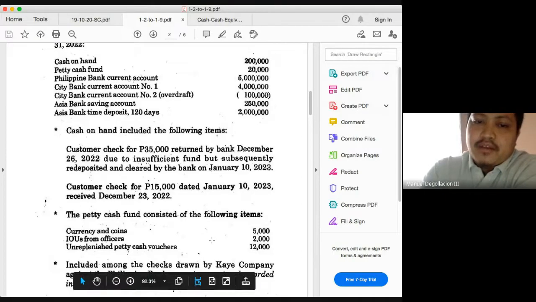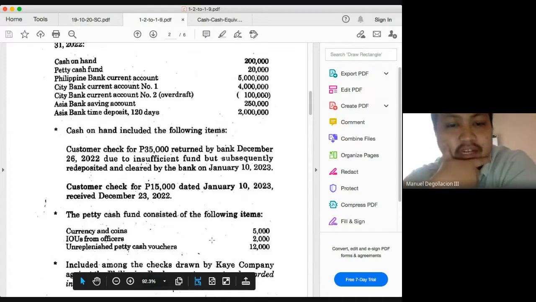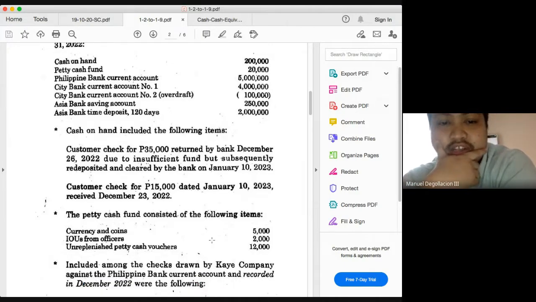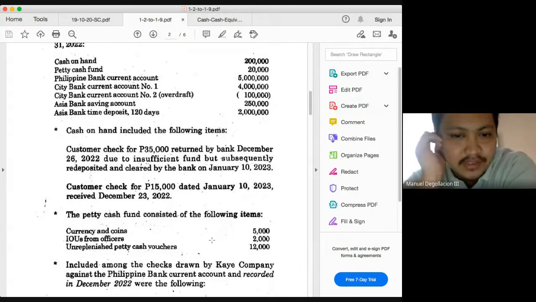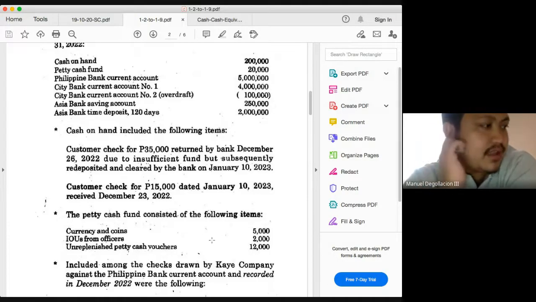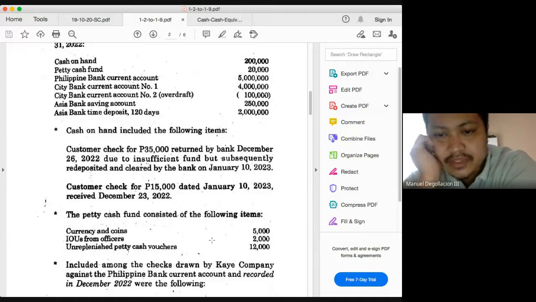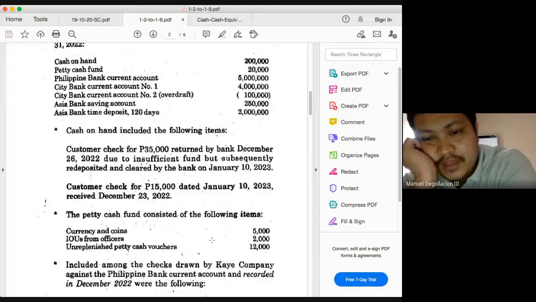If you deduct the non-cash items, class, out of the three items here, which are the non-cash items, that would be our IOUs from officers and the unreplenished petty cash vouchers. So if you deduct the 2,000 and the 12,000, you would come up with a balance for our petty cash fund at 6,000.